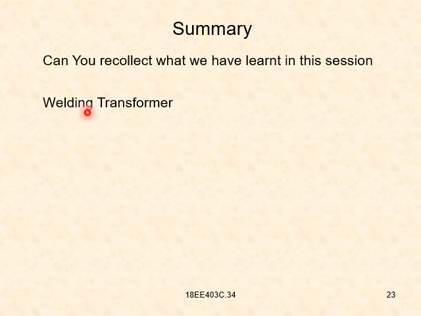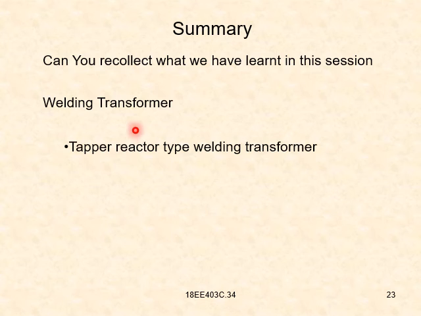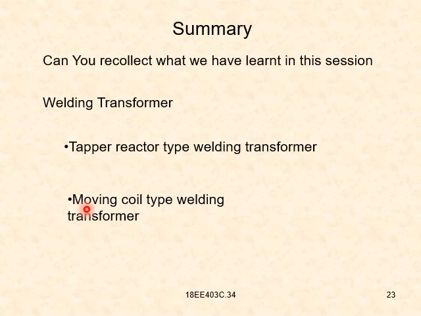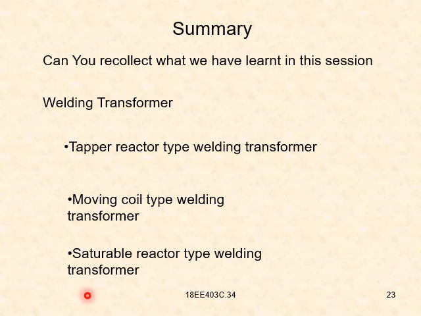We have learned about welding transformer and the current changing methods like tapped reactor method, moving coil method, and saturable reactor method. From these three methods we have three types of welding transformers. So these are the things which we have seen in the previous slides.